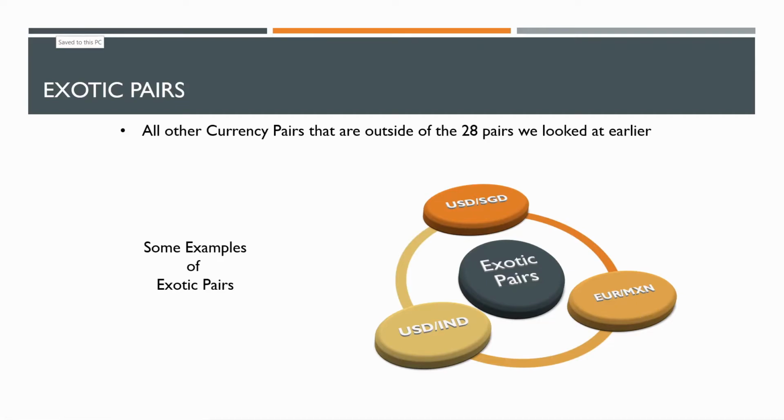For example, we have the US Singapore dollar, US Indian rupee, Euro Mexican, or any other currency pair that is outside of the 28 pairs we looked at. Exotic pairs are rarely traded by individuals. Mainly institutions would trade exotic pairs. Okay, we're going to move on to how to read the currency pairs and how they are quoted.